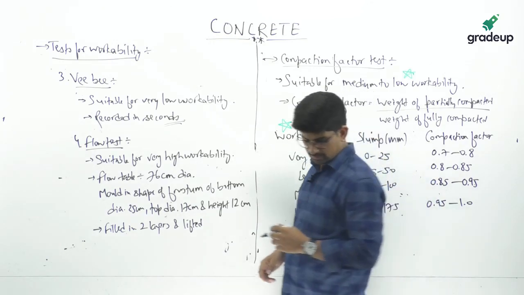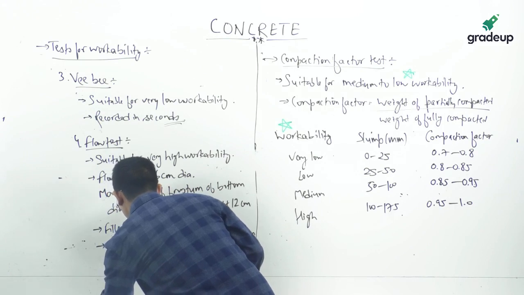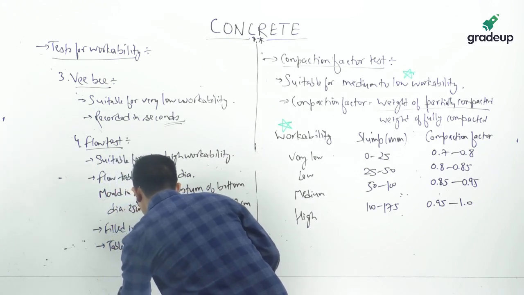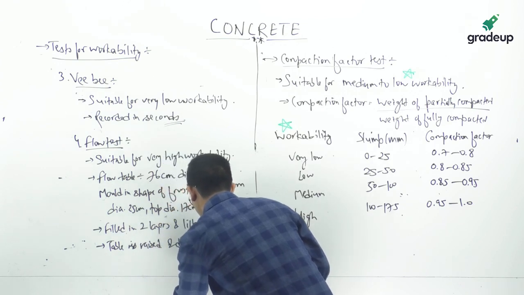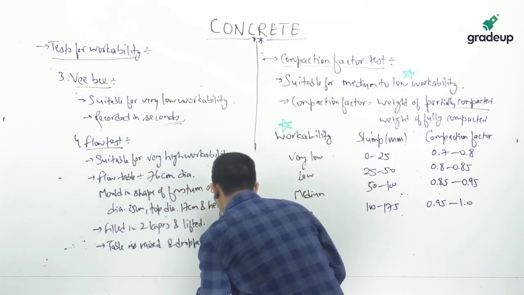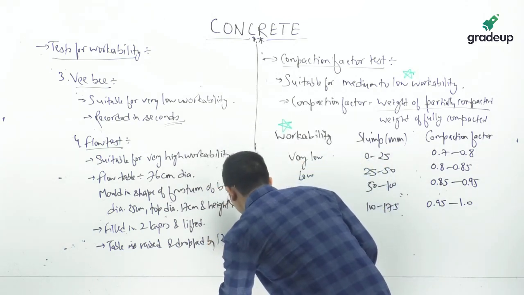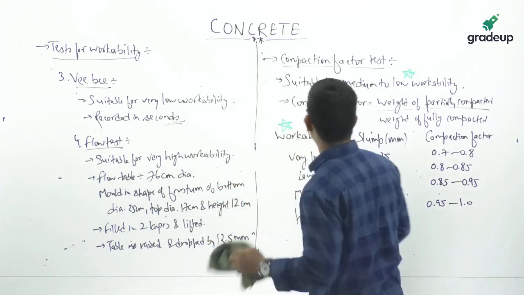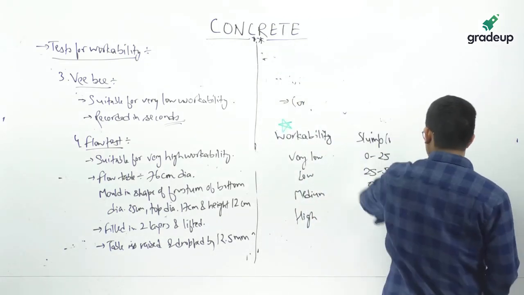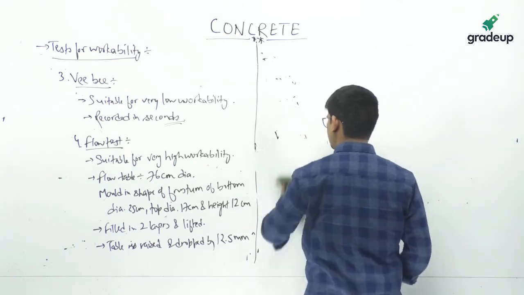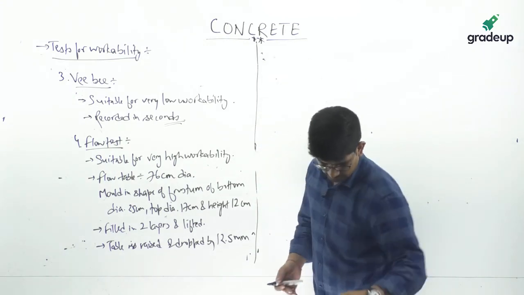Then the table is raised and dropped by a distance of 12.5 mm, that is 1.25 centimeter, and this is done 15 times in 15 seconds.